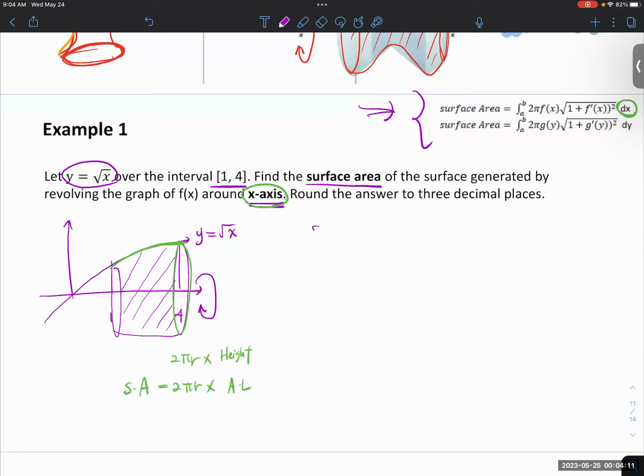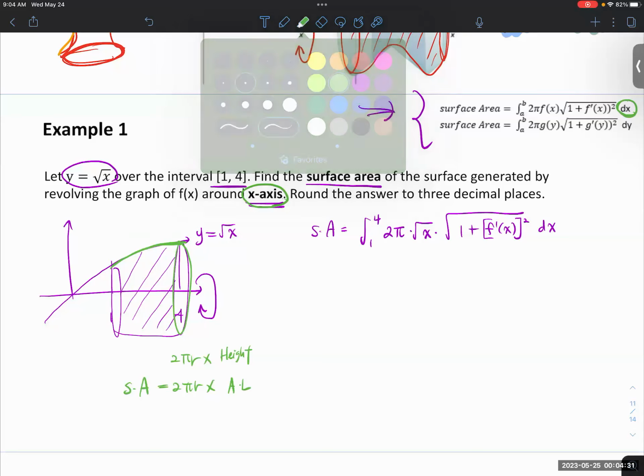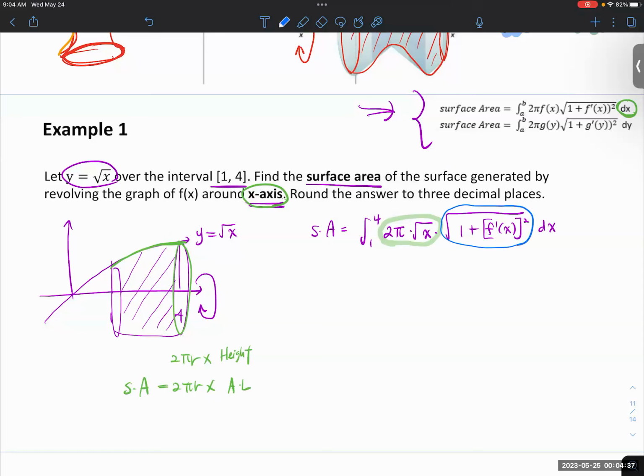Surface area from 1 to 4 is 2 pi, f of x, which is given, times the radical of 1 plus f prime of x squared, dx. One more time, this is the circumference 2 pi r, and this is the height. So exactly, we're using the surface area formula.